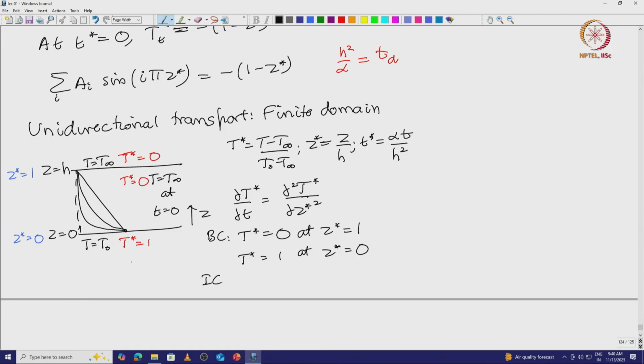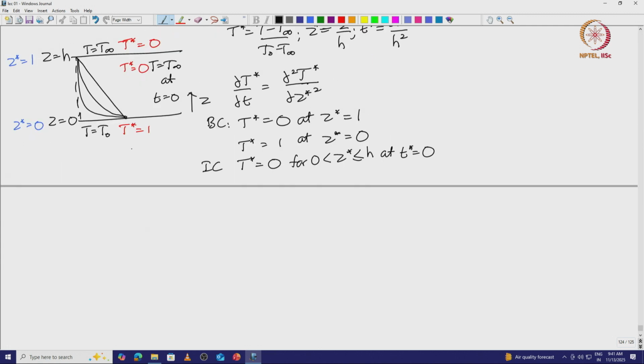There was one initial condition: T star is equal to 0 over the entire medium, for 0 less than z star less than or equal to 1 at t star equal to 0. So at the initial time, the temperature throughout the domain except at the bottom surface is equal to 0. That is what we started off with.